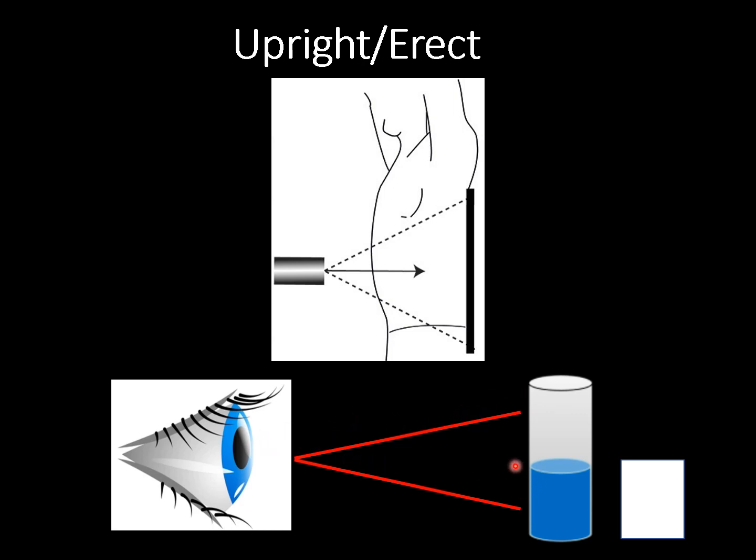We're looking essentially parallel with this edge, and then we'll see a different density below, and then a hard edge, and then a different density, which is air, above. The fluid below will be more dense, the air above will be less dense, and we'll see this line on our radiograph, which will form that air fluid level. So it's an important concept that we need to be looking in parallel with that line of two different densities in order to see that level of density.